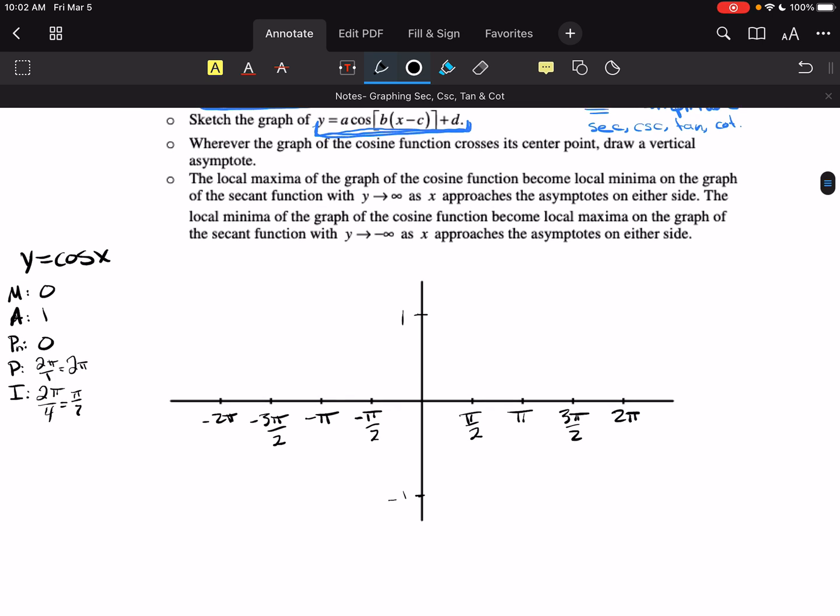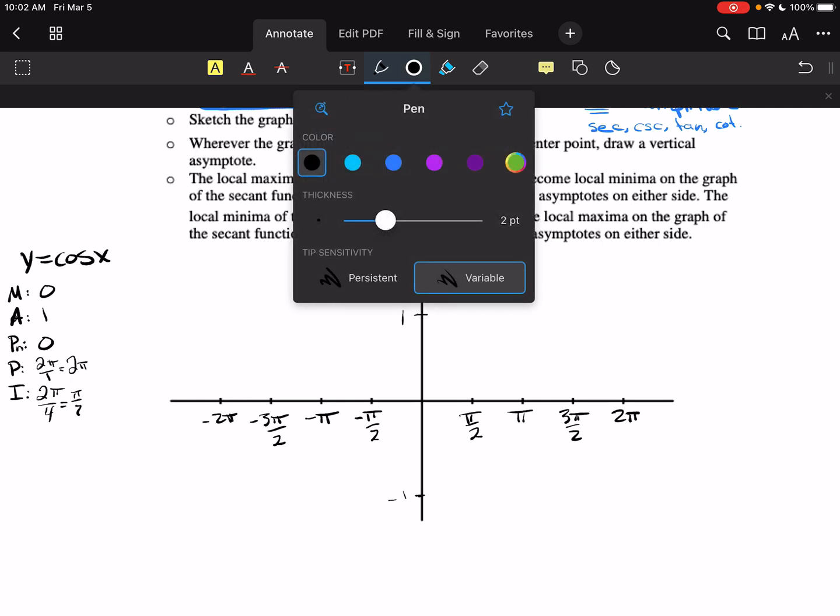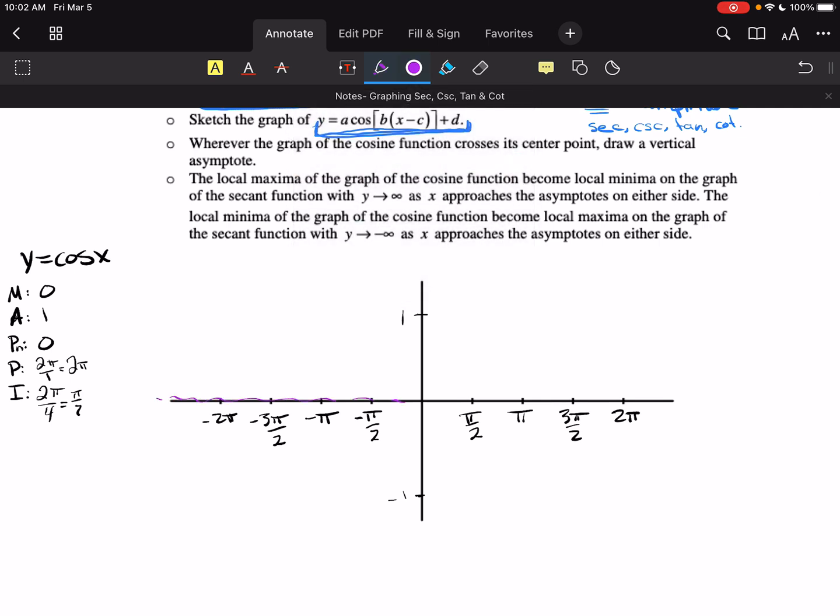Okay. So cosine, no phase shifts, midline is here. And with cosine, we start at the maximum and then follow my pattern. Minimum. Going in the negative direction, just follow that same pattern.